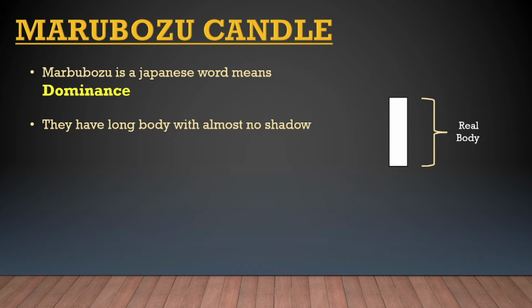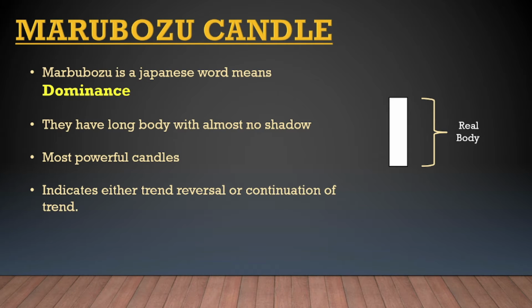Similarly, a Marubozu candle will not have any shadow, either upper or lower, and it has a long real body. These Marubozu candles are considered the most powerful candles because of their dominance. We will discuss how they are more powerful. The fourth point is about trend reversal or continuation of trend.